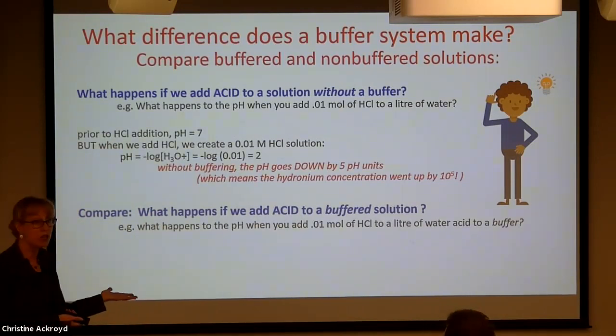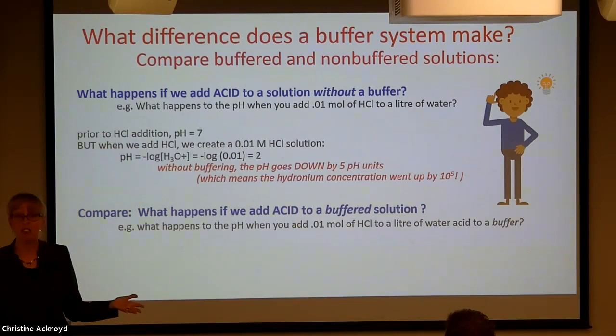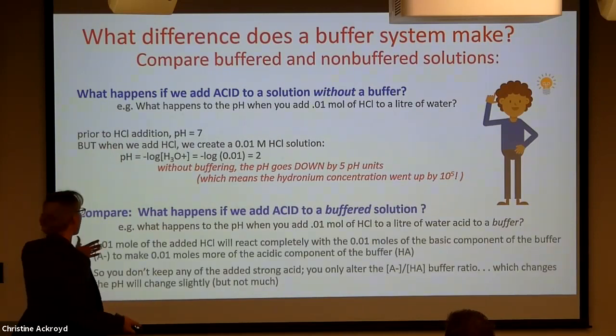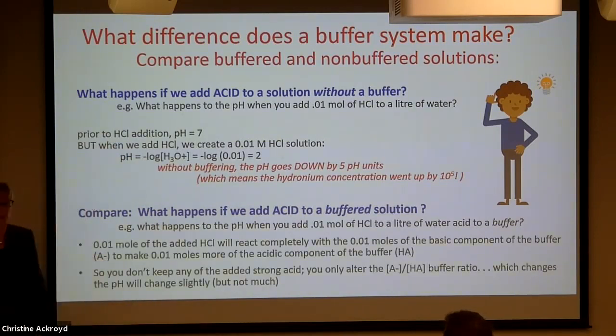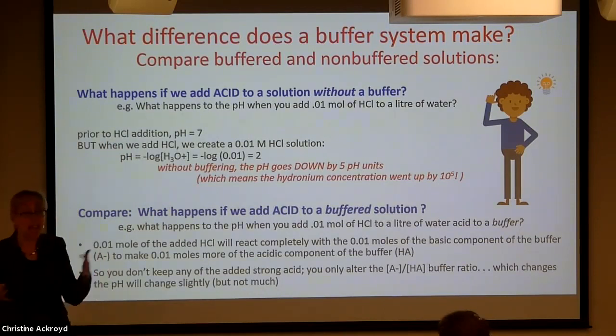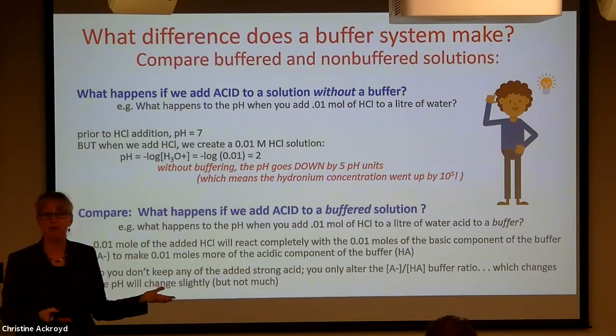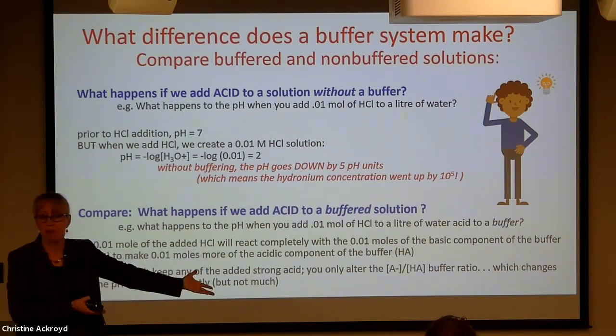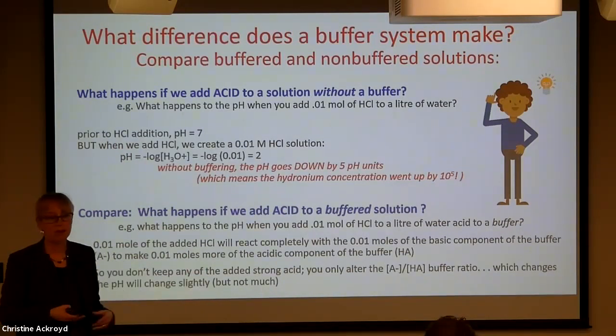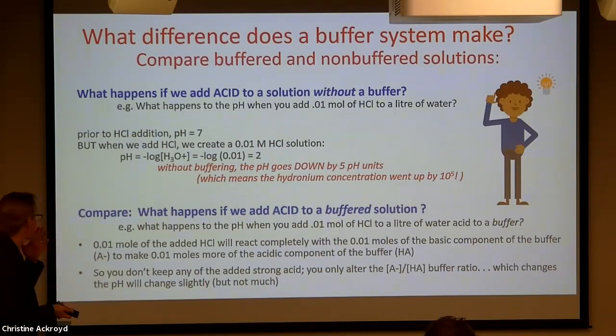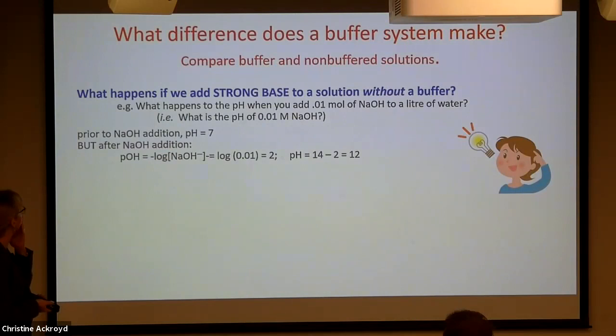Is it water anymore? No, it's the conjugate base of the buffer pair. So when the added acid reacts with the conjugate base of the buffer pair, what does it create? It makes more of the acidic form of the buffer. How much effect does that have on the pH? Not very much. I'll show you that one. Well, we're going to do that in a minute.